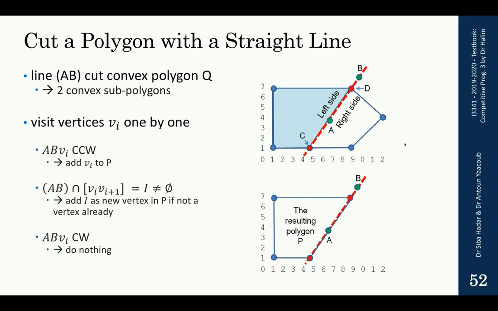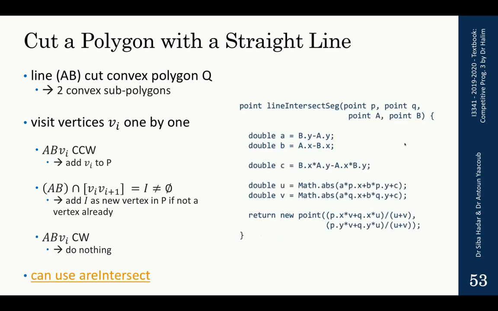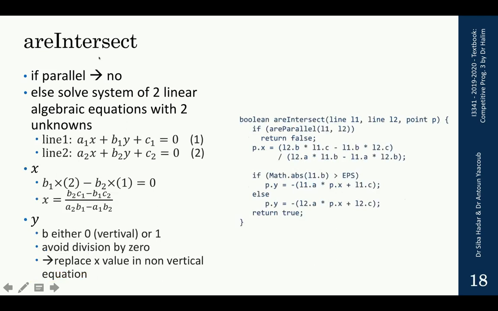Also, this is a very easy idea, and the implementation is easiest. I define a line intersect segment function because I want to use it. I give a point A, B, this is the line, and I give P, Q, this is the edge. And I calculate here the line intersection segment. We could have used the R intersect function because the R intersect function takes also two lines, and if they intersect, it returns true, and it will give me the point of intersection.